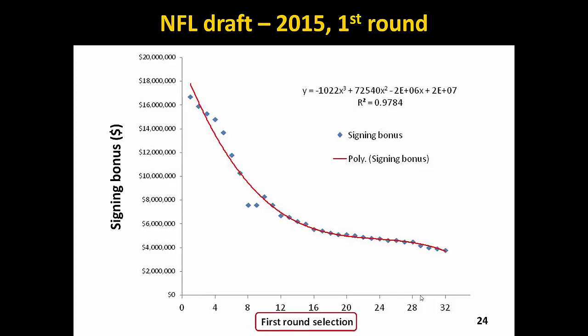What we see here on the y-axis is the dependent variable. What's important to note here is that this is not a frequency distribution. We're plotting the dependent variable as a function of when in the first round those players were selected.